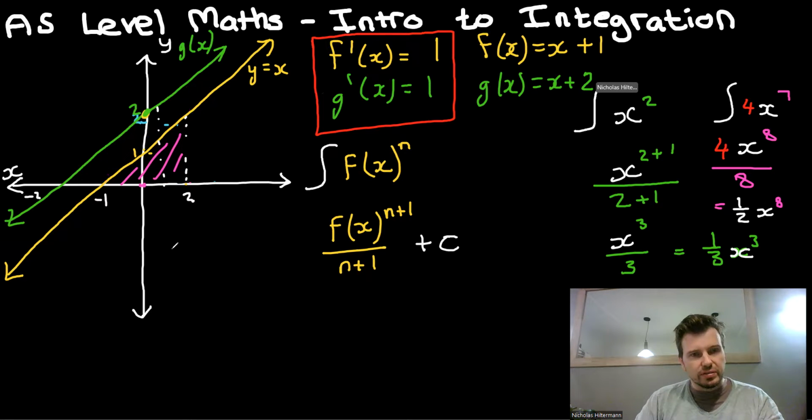Okay, so it's not so simple when we are dealing with different functions. And so instead of having what we call the indefinite integral, so the indefinite integral is when I don't define the area under a graph.